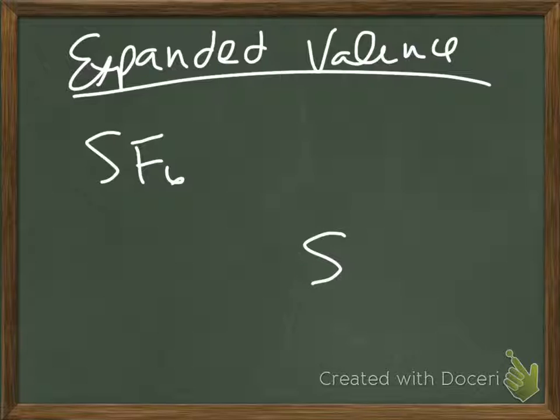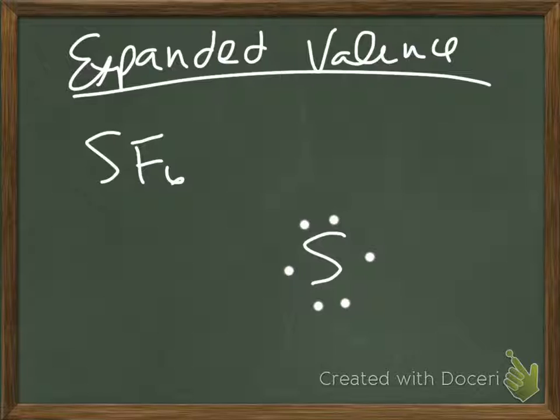Okay, so what does sulfur start off looking like? Well, it's in the same family as oxygen, so it starts off looking like that: 2 sites for attachment. Cool. We see, like, sulfur dioxide, it attaches to 2 oxygens. Oh wait, sulfur, hold on.